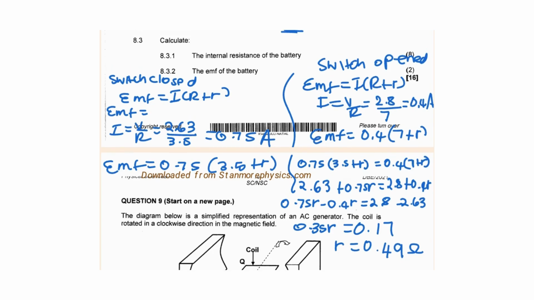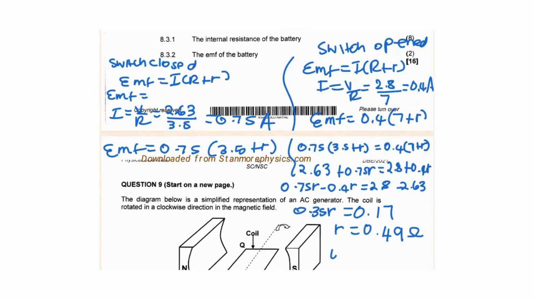They also wanted the EMF. I can use either equation, so I'm going to use the 0.4 one, because I found small r.